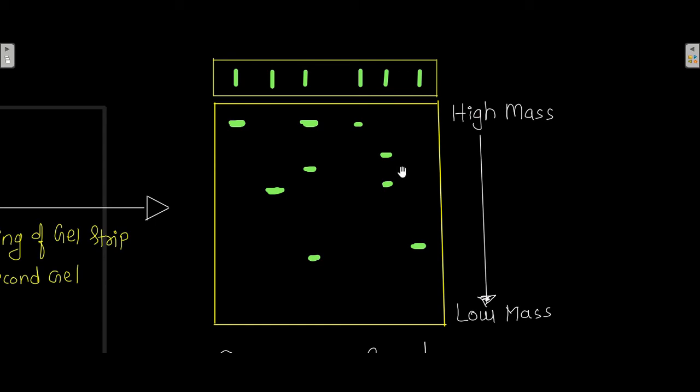So this is how two-dimensional gel electrophoresis looks. First you separate the proteins on the basis of their isoelectric point, and then you separate them on the basis of their mass.